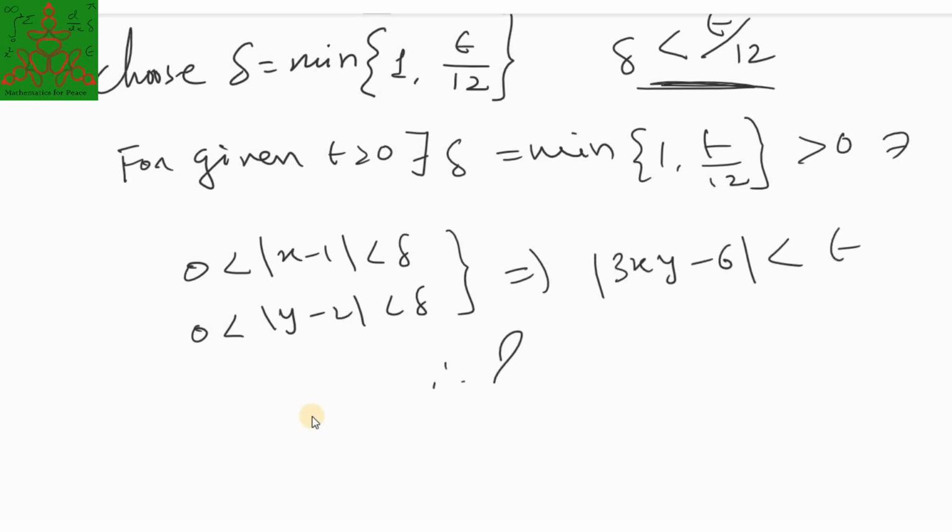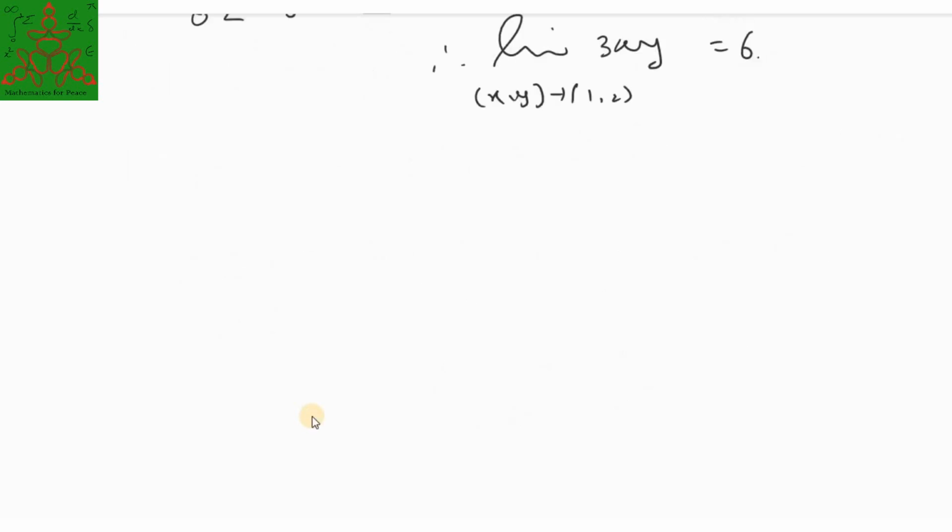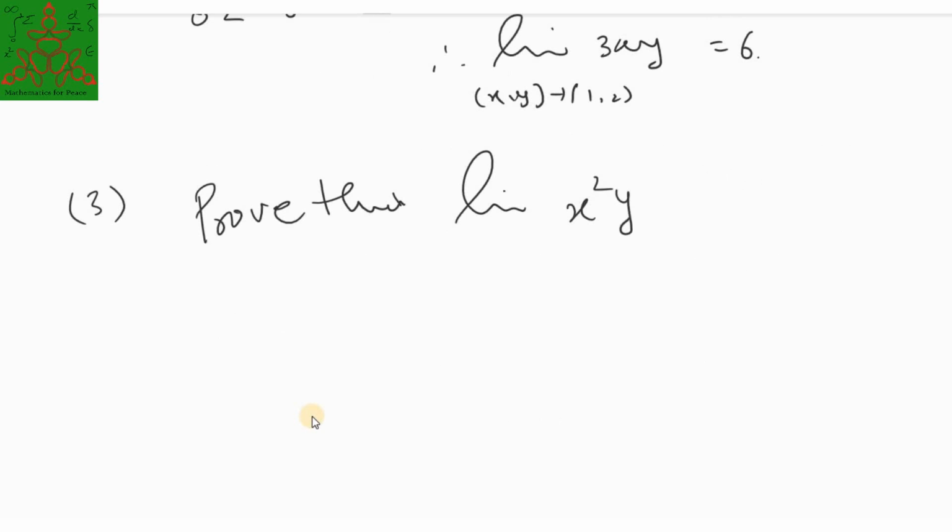Therefore we can say that the limit of 3xy as (x,y) tends to (1,2) will be 6. Let's have another example, the third example. Prove that the limit of x square y plus xy square will be 6 as (x,y) tends to (2,1).